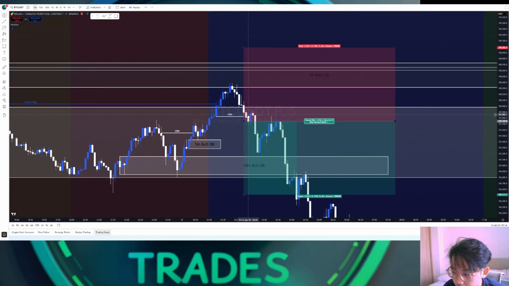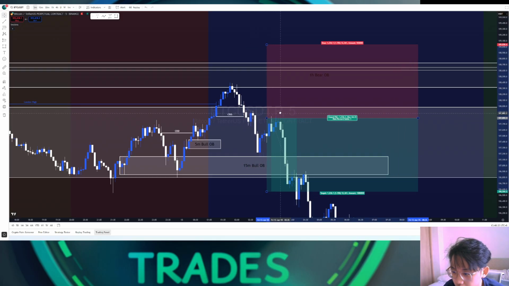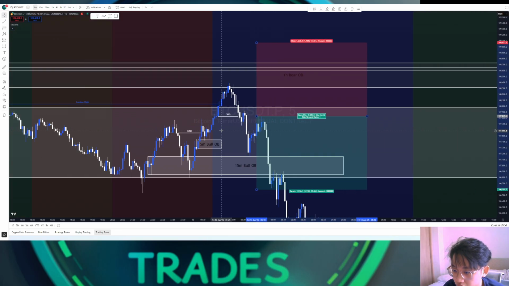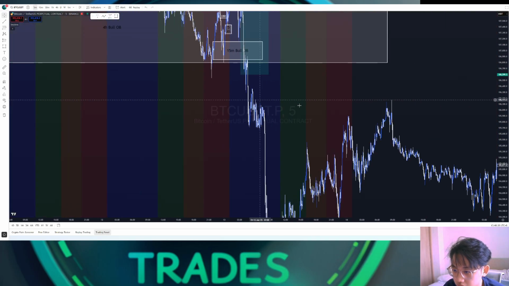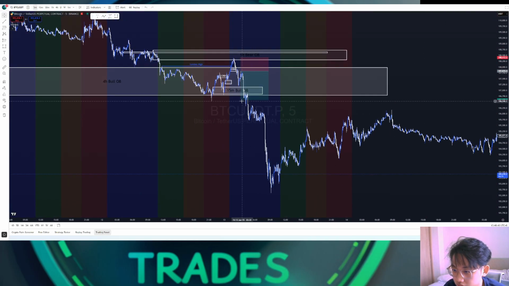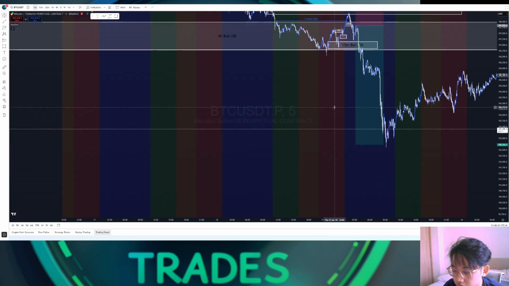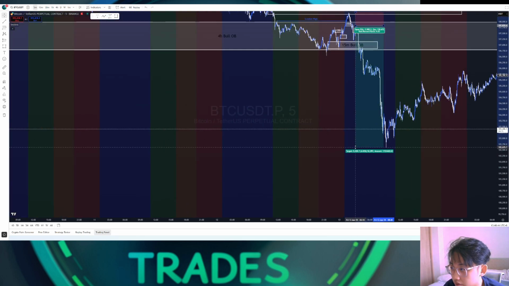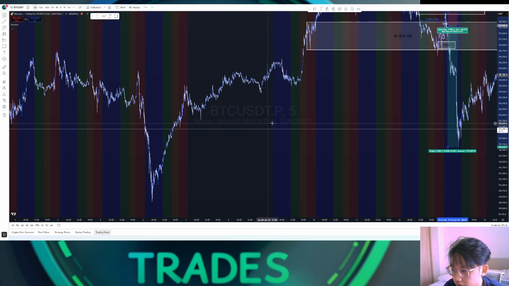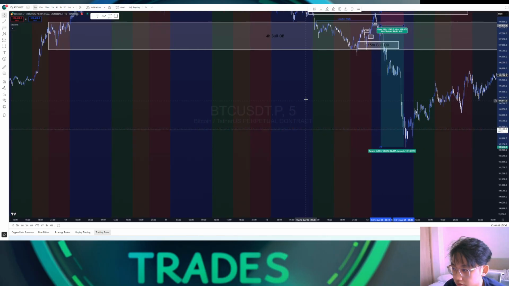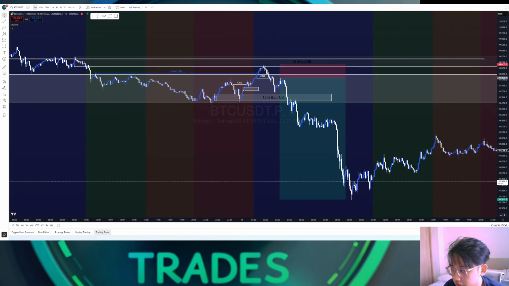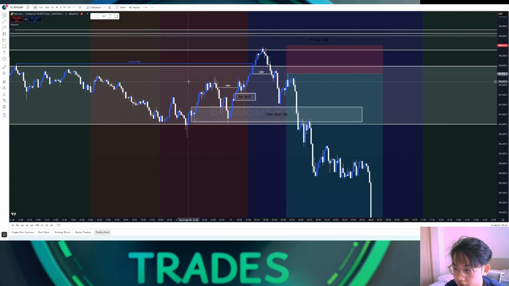You can see after the CISD, price came down. We retrace all the way to the extreme order block, where we can look for sells. So you would have had a 1:9. Wow, 1:9. It's crazy.